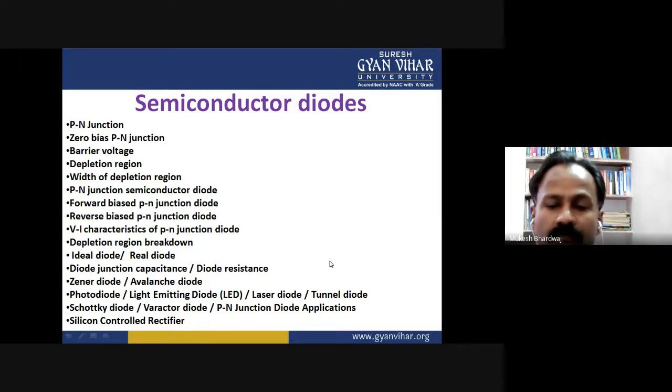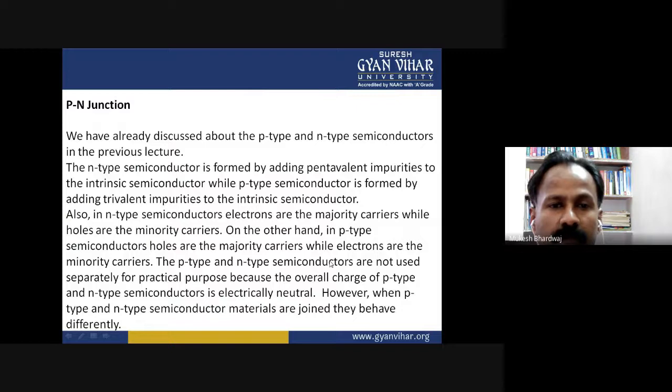So, p-n junction. We have already discussed the p-type and n-type semiconductors in the previous lecture. n-type semiconductor is formed by adding pentavalent impurities to the intrinsic semiconductor, while p-type semiconductor is formed by adding trivalent impurities to the intrinsic semiconductor.